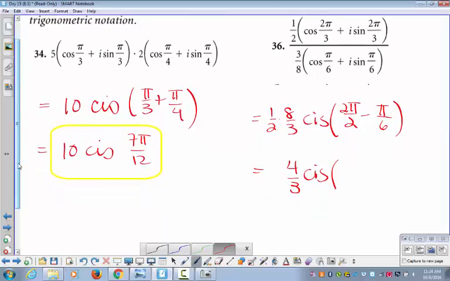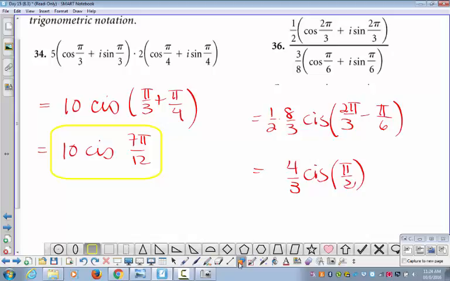And what did I write there? 2 pi over 2? That should be 2 pi over 3. That's a 3. So 4 pi over 6 minus 1 pi over 6 is 3 pi over 6, which is pi over 2. So there's our trig form for that division.